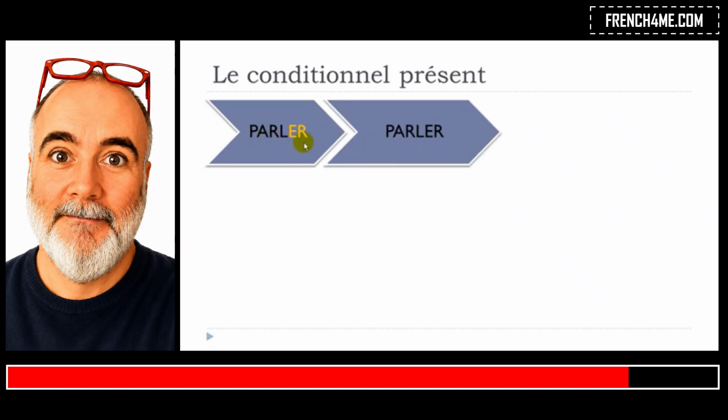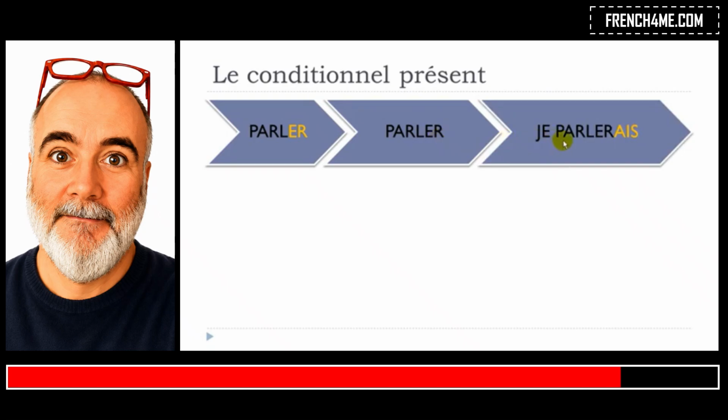You will keep it like that, and based on this form, after that you will add the endings, okay? And for je, the ending will be AIS, okay? So you don't need to modify your infinitive form. The basic form is like that, and right after you just add the ending AIS, and you get je parlerais. All right, so it's quite simple.